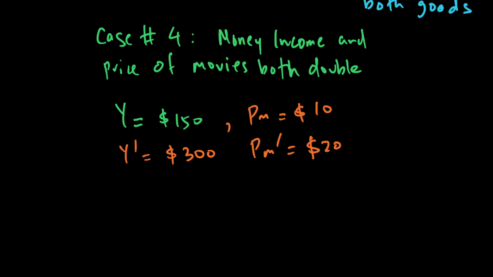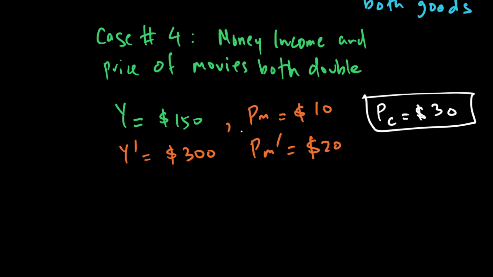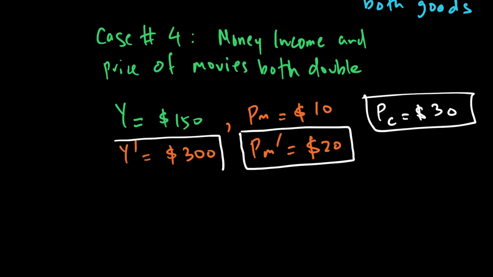So my movies are now becoming expensive, where the new price is $20, but my price of concerts has remained the same, which is PC equal to $30. So concerts have remained the same, but movies have now doubled in price, and income has also doubled.